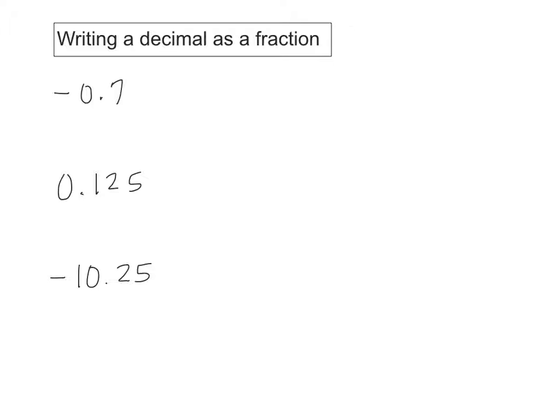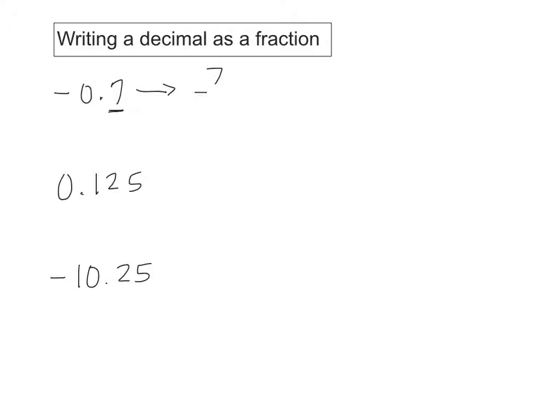We also want to be able to go the other direction, where when we are given a decimal, we can write that as a fraction. And to do that, we always use multiples of 10 for our denominator. In our first example, there is one number behind the decimal point, so we're going to have a denominator that will be 10 because that number is in the tenths place.